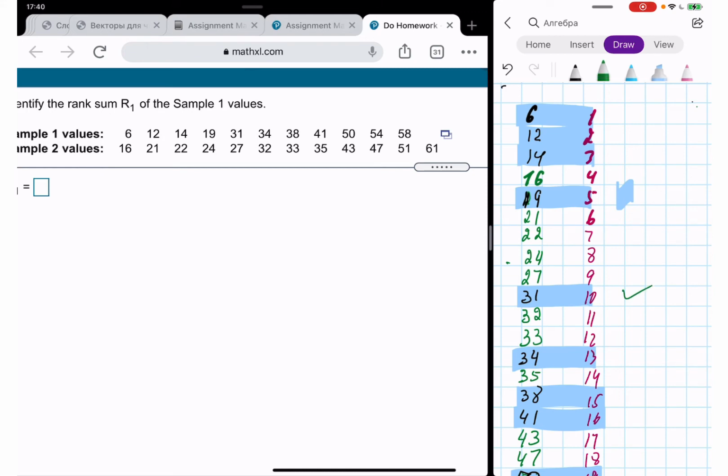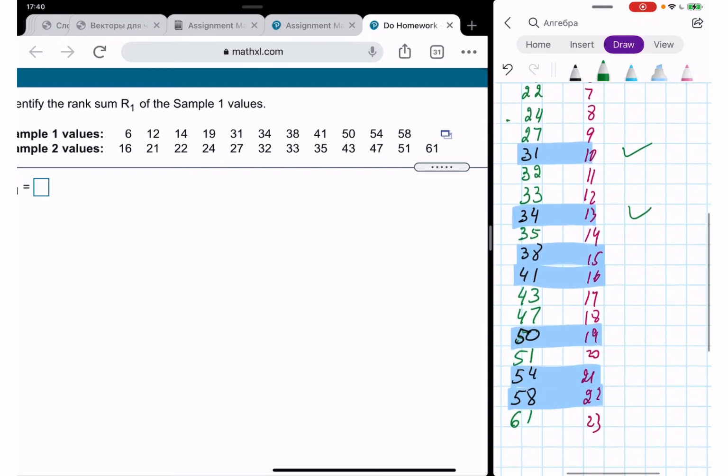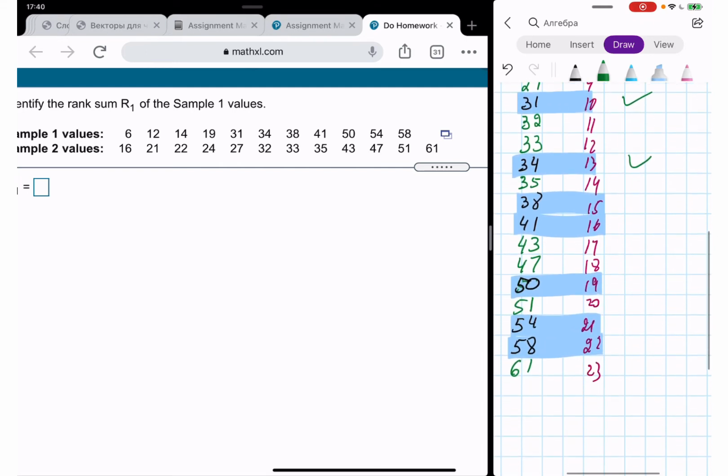Next I'm adding 10. Adding 13. Adding 15 and 16.